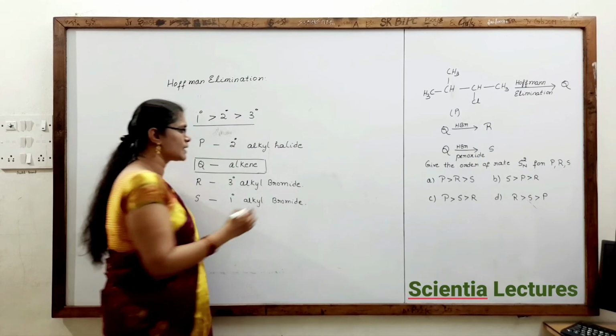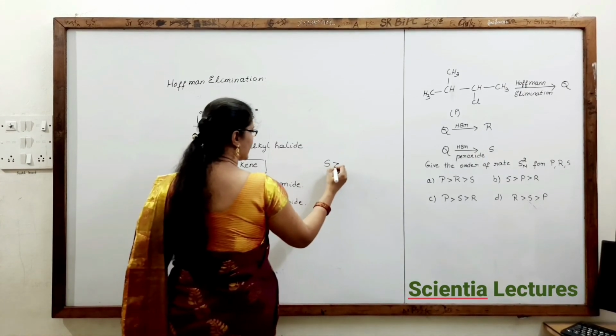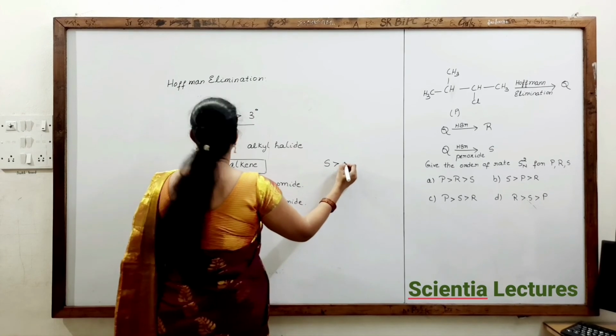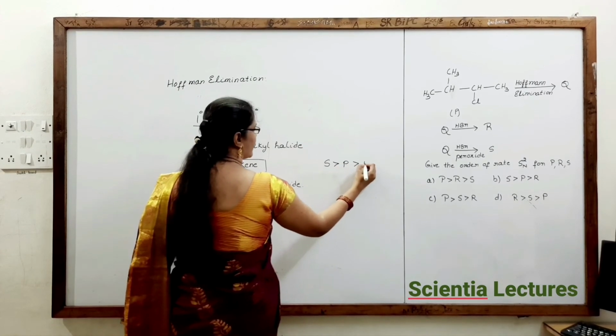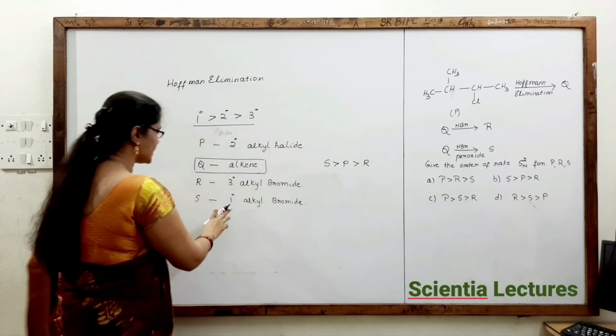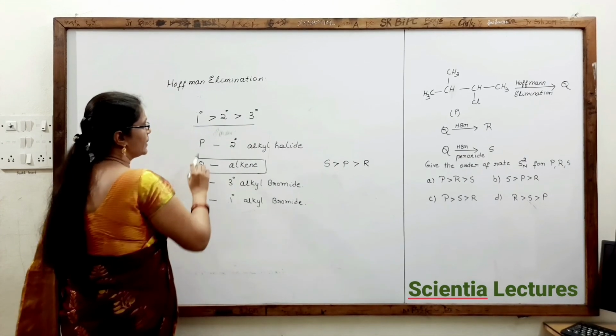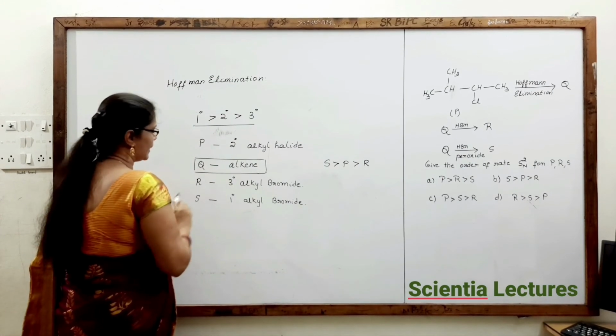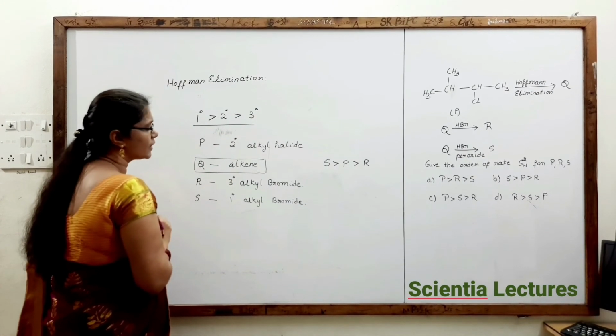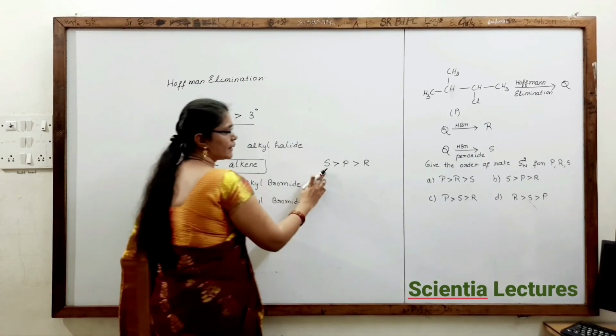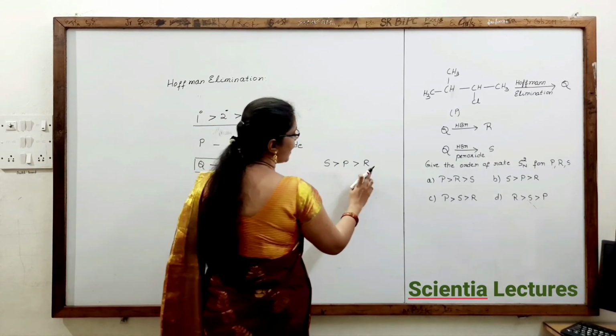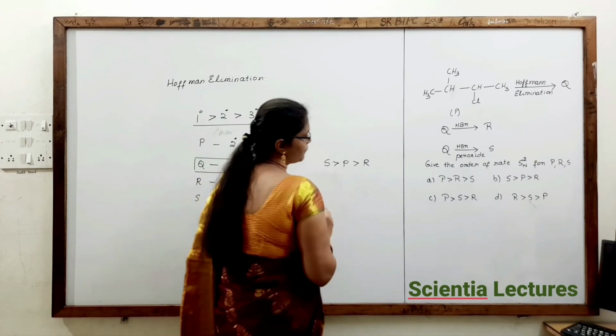By seeing this, we can say that S greater than P greater than R, because S is a primary alkyl bromide, P is secondary alkyl halide, R is tertiary alkyl halide. So S greater than P greater than R would be the correct option for this question.